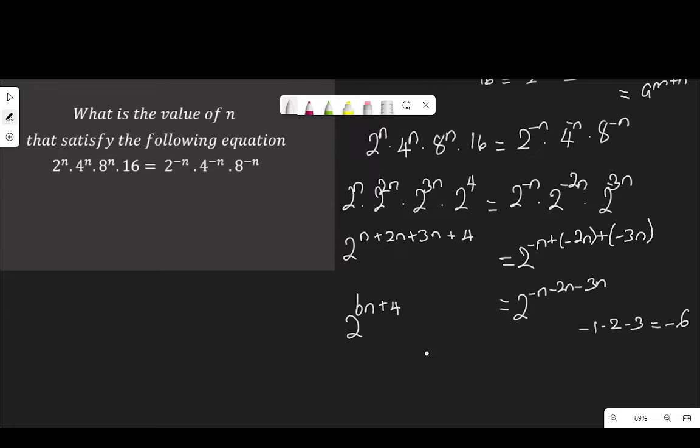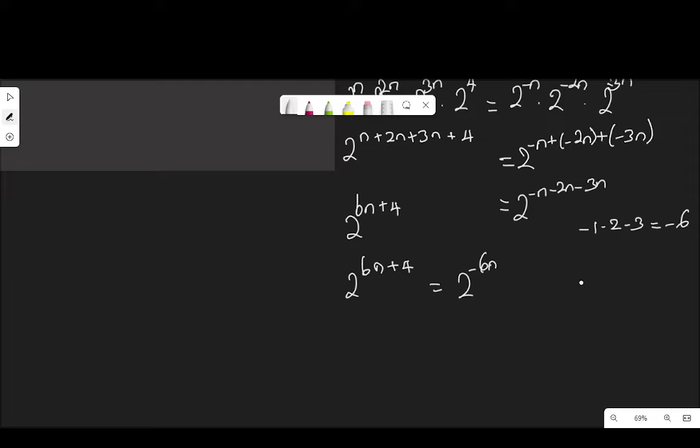So that means I have 2 to the power of 6n plus 4 on the left hand side, equal to 2 to the power of negative 6n, since minus n minus 2n minus 3n is minus 6n.